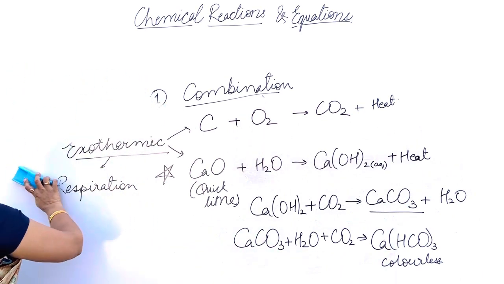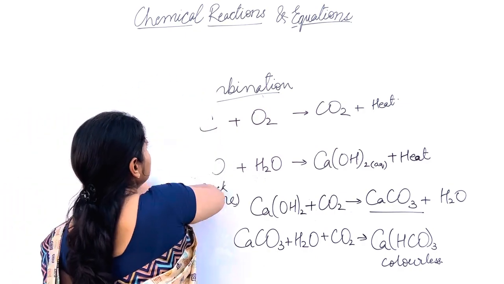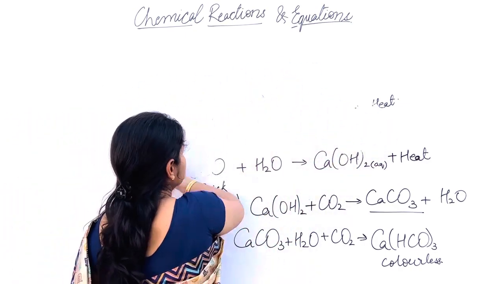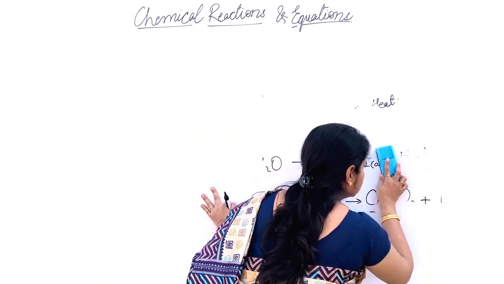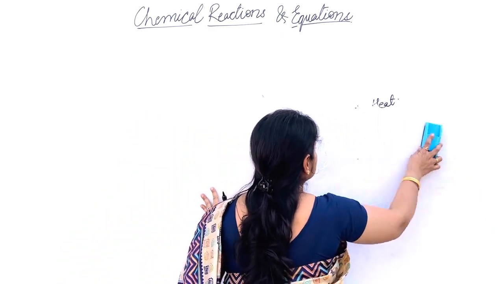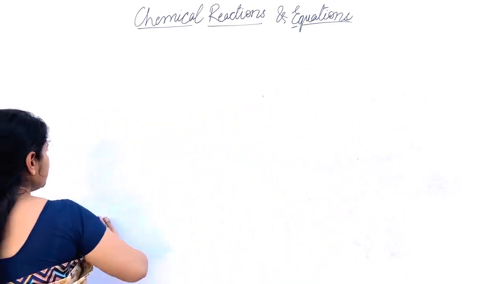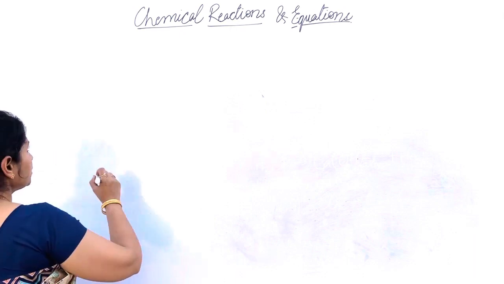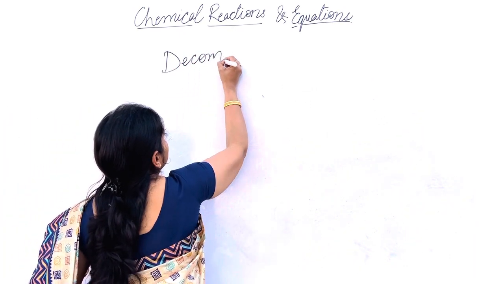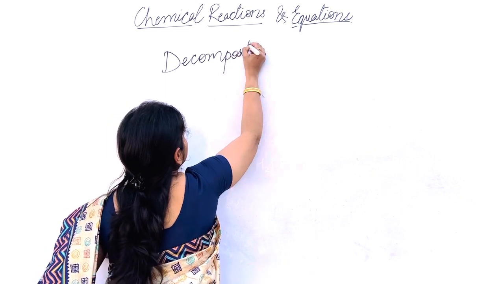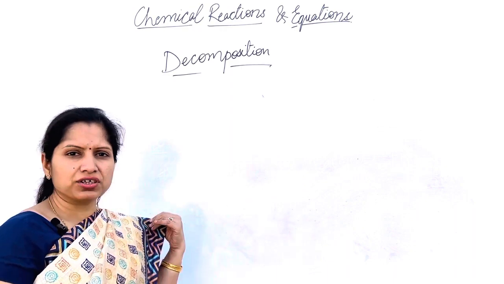The next type of reaction that we are going to see is just the opposite of it, that is decomposition reaction. This was combination reaction. The next type of reaction that we are going to see is decomposition reaction.